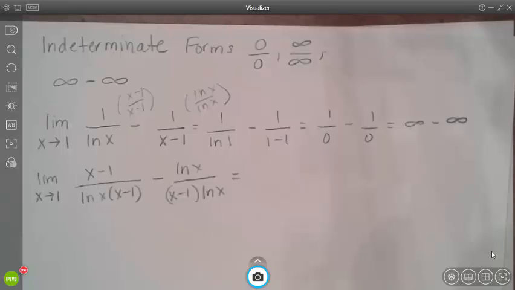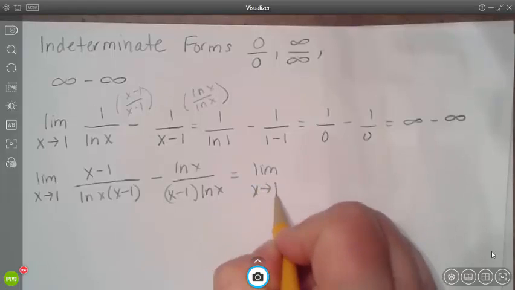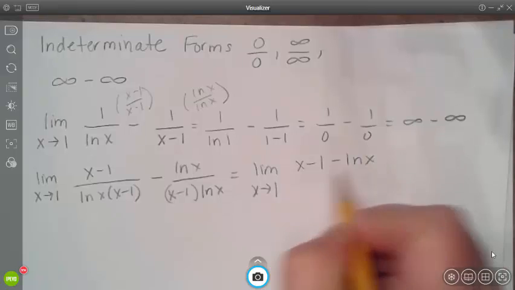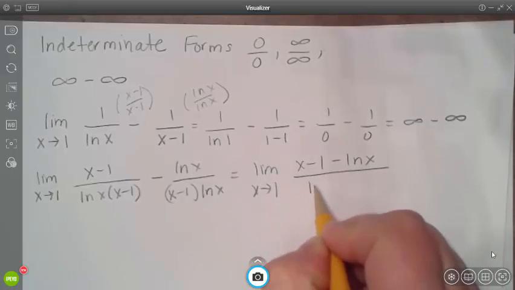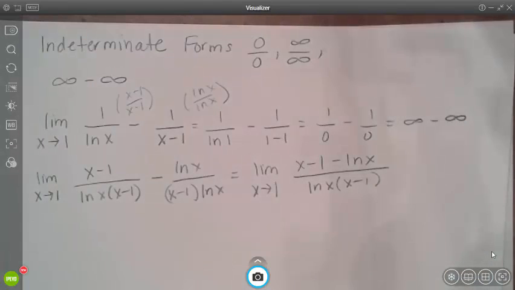So now that I have a common denominator, I can combine my numerators. So we have the limit as x approaches 1 of x minus 1 minus the natural log of x over the natural log of x times x minus 1. Nothing cancels because we've got subtraction in this numerator.